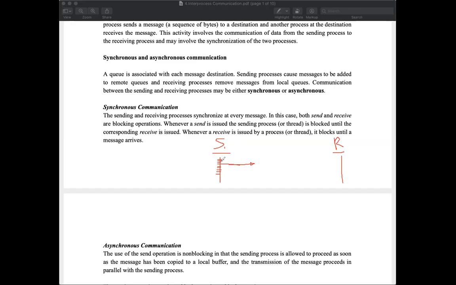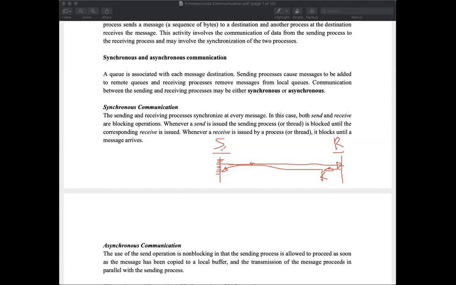But in synchronous communication, this is the place where the sender executes that sending message. It will be received by the receiving process, and that process should issue a received acknowledgement or received message.